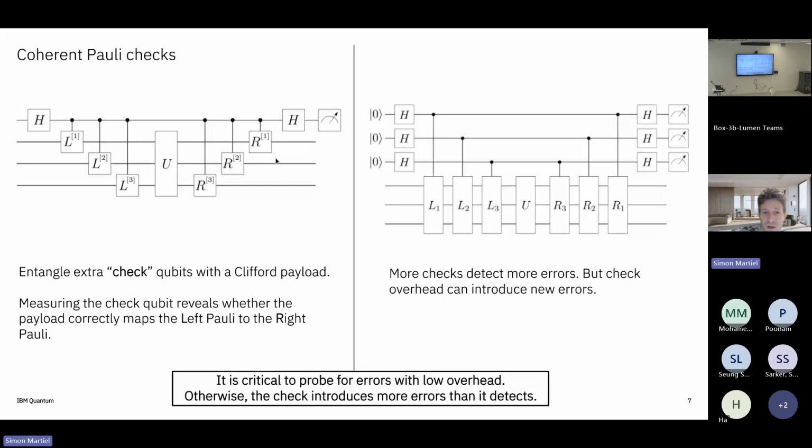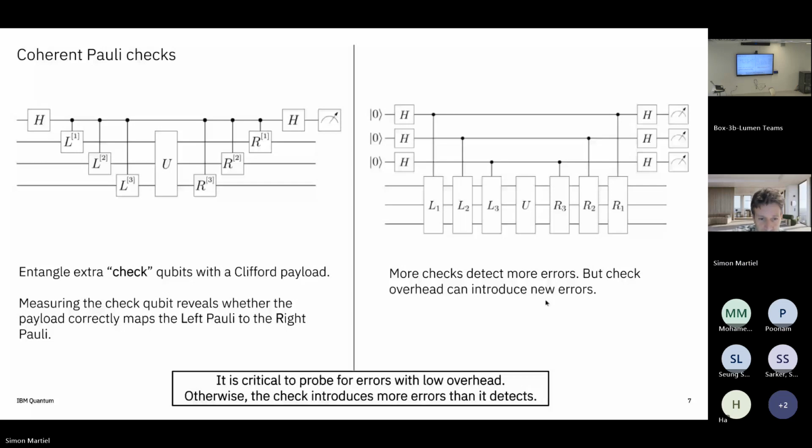But the idea is that every time we add a new check, we add a linear number of controlled-NOT gates, and this is without even considering the fact that we actually need to implement that on the hardware. If you really want to implement this circuit on the hardware, you might need to insert some swap gates, you might need to route information through a layout of qubits that will add even more gates than the ones I'm depicting here on this picture.